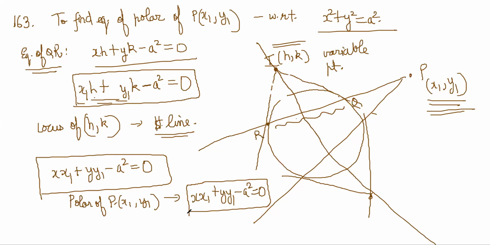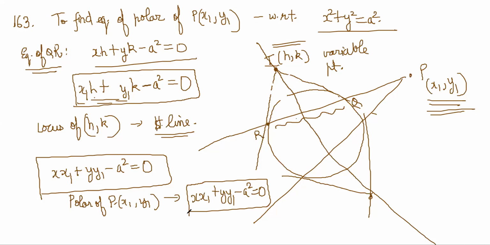So if hk is that point, it looks like hk is the point from where the chord of contact QR has been drawn. The equation of QR must be xh plus yk minus a square is equal to 0. And we know that QR always passes through the point P. So you have x1 h plus y1 k minus a square is equal to 0.